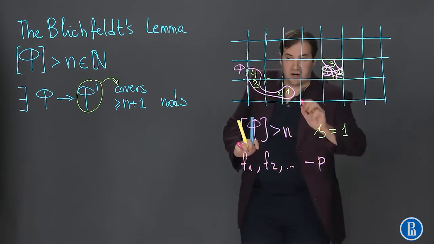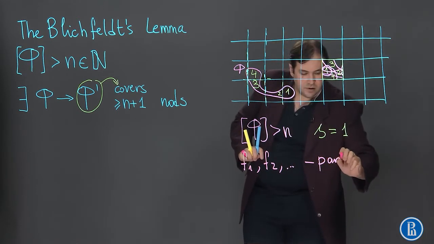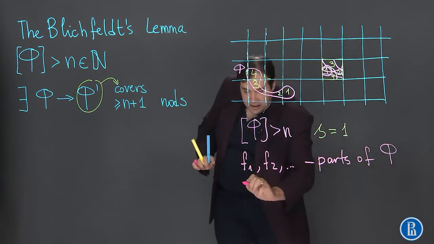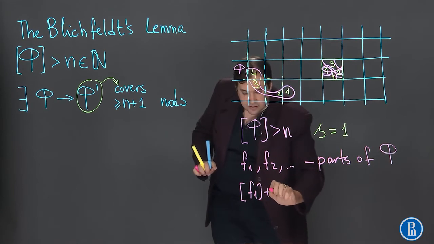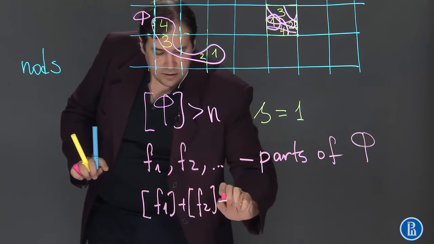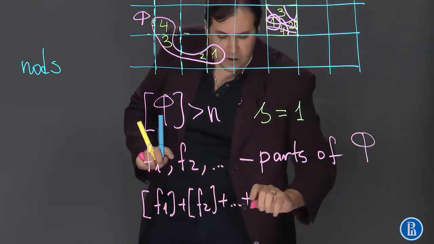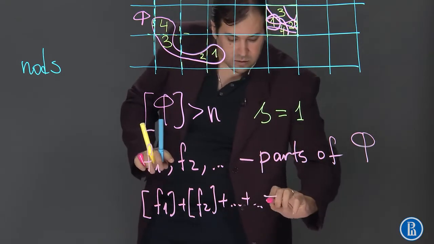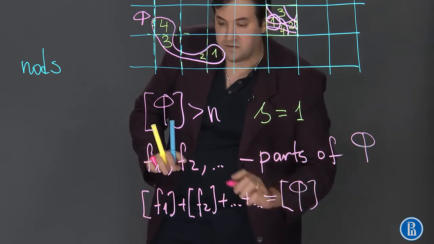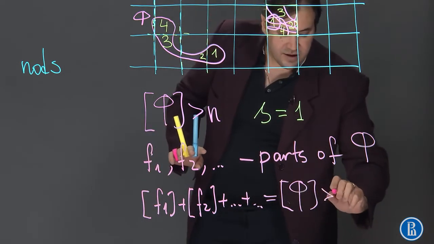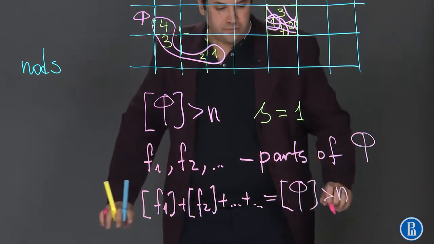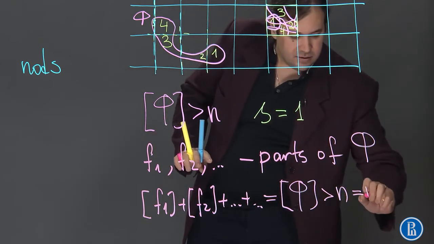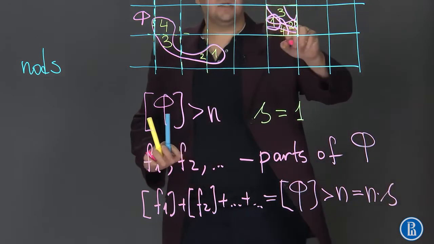These are parts of our figure phi, and the sum of their areas, well, we don't know the exact number, is equal to the area of our initial figure phi, which is greater than n, which is n times greater than the area of this square.